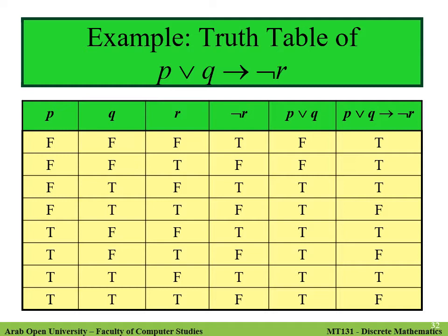Then you need a column for not R. You need a column for the sub-expression, the assumption, P or Q, and then your final column will give you the truth value for the statement you started with. This is just the column for P or Q implies the column to the left, which is not R. This last column gives you the truth values for the original statement.